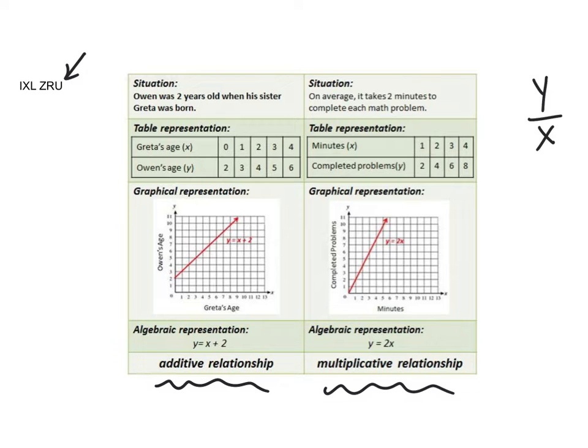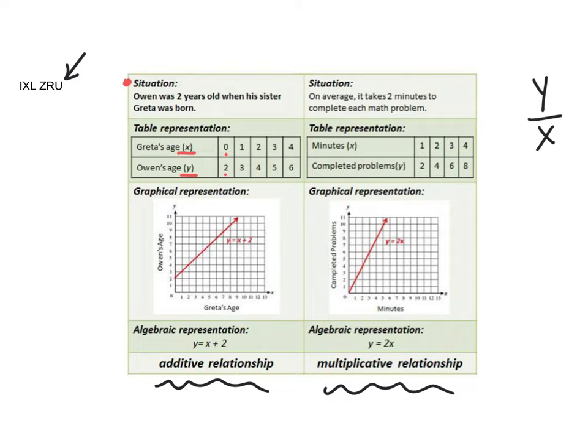So some examples. If you have a situation described as Owen was 2 years old when his sister was born, then that can be shown in a table by saying, okay, Greta, his sister, her age, x, and Owen's age, y. Notice when Greta was born, Owen was 2. When Greta was 1, Owen was 3.